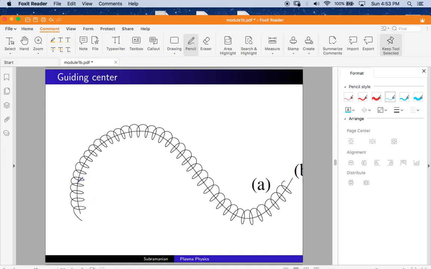This is a fast time scale, the gyro time scale, and you can average over this fast time scale and concentrate only on the guiding center motion.